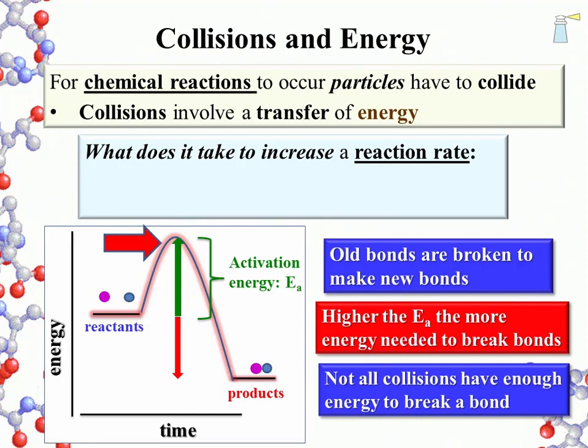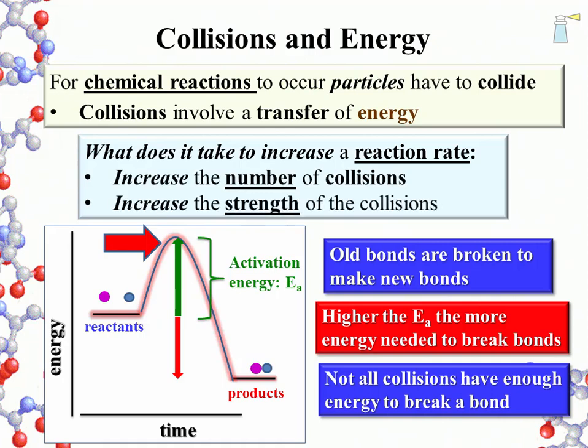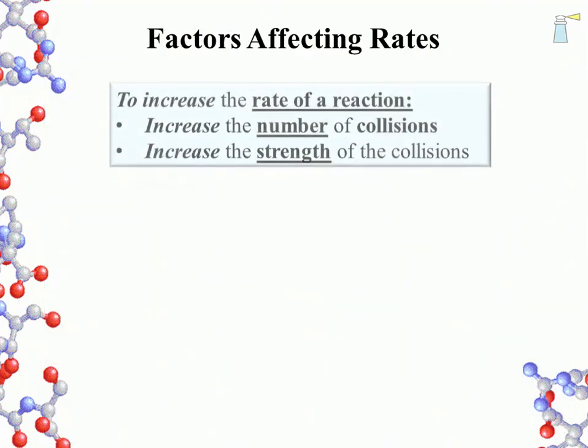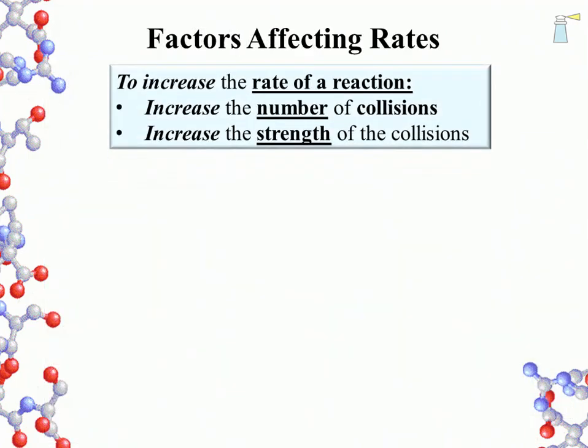That can be done in one of two specific ways. Increase the number of collisions, or increase the strength of the collisions. Let's spend time with both of these options, and we will refer to them as factors affecting reaction rates.